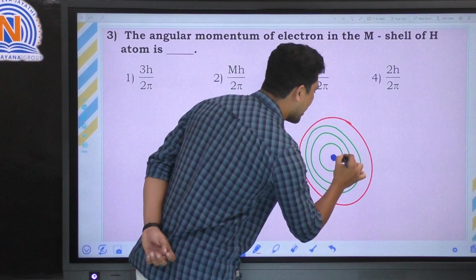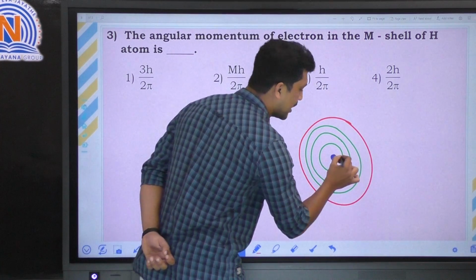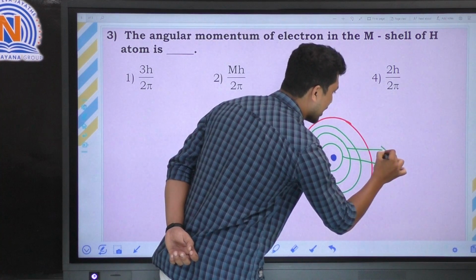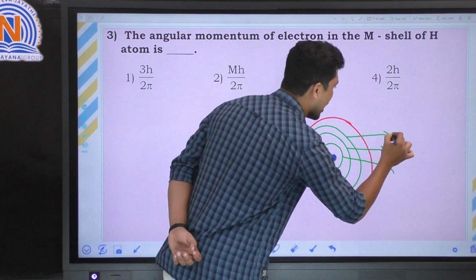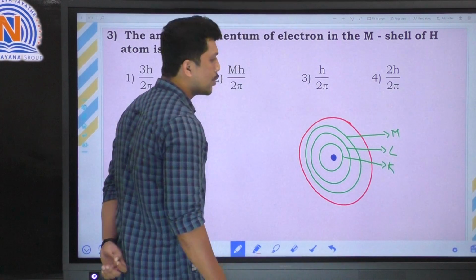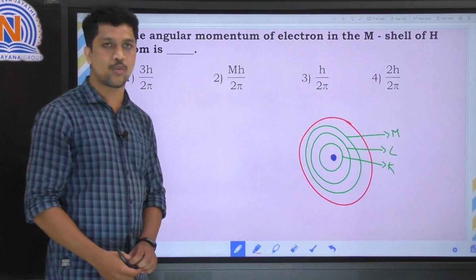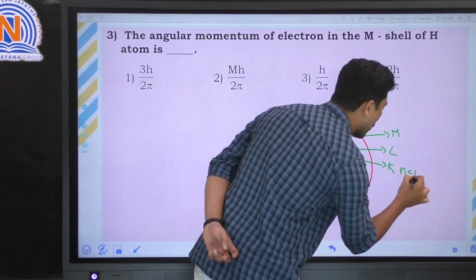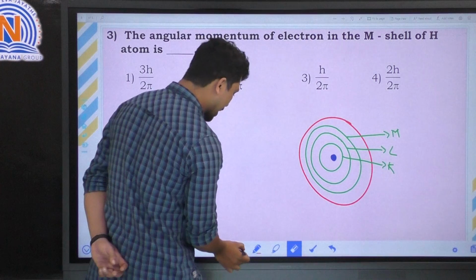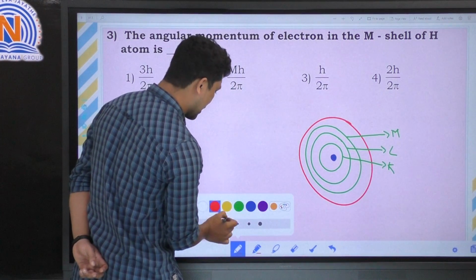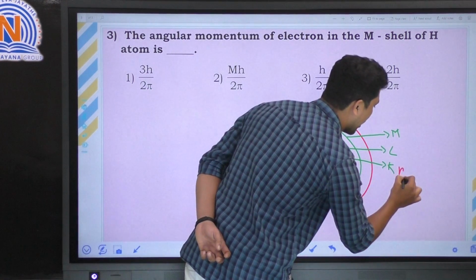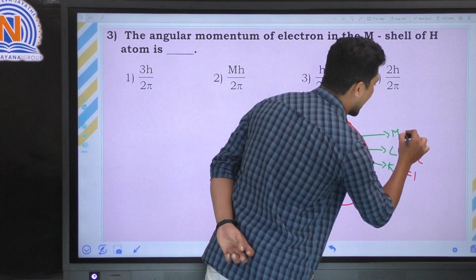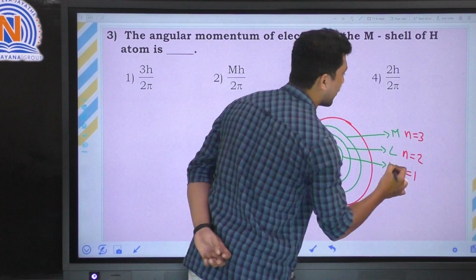The shell nearest to the nucleus is the K shell, the next one is the L shell, and the next one is the M shell. K has principal quantum number n equal to 1, L has n equal to 2, and M has n equal to 3.